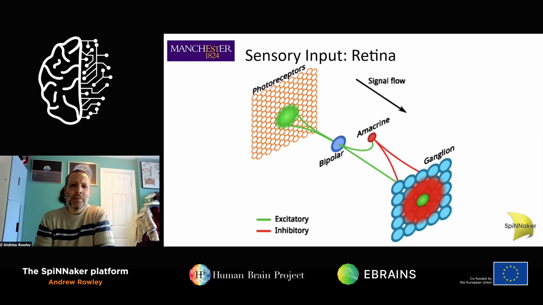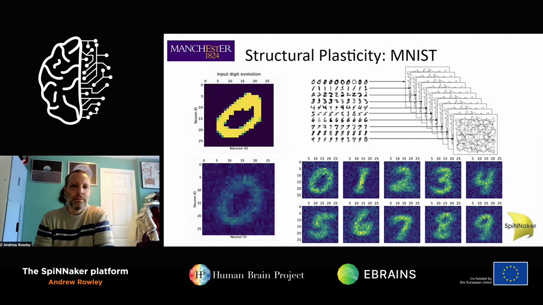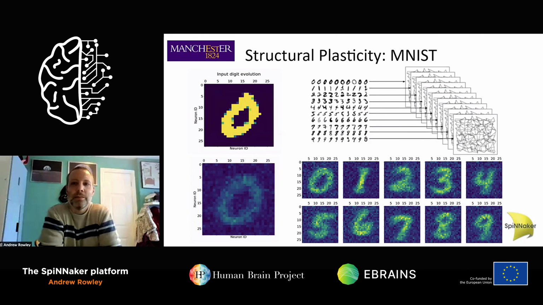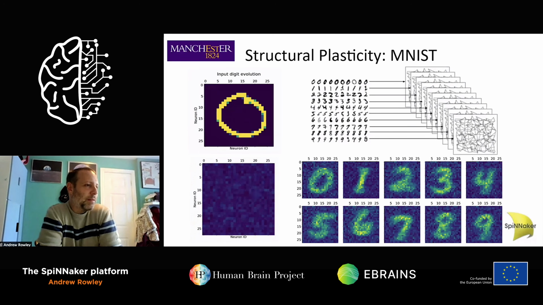I think they used this network to then show that you could do better machine learning tasks such as MNIST by doing this with biological networks. That same work actually used structural plasticity to produce good results with MNIST. And you can sort of see here how our structural plasticity basically rearranges, but this is with purely structural plastic connections.